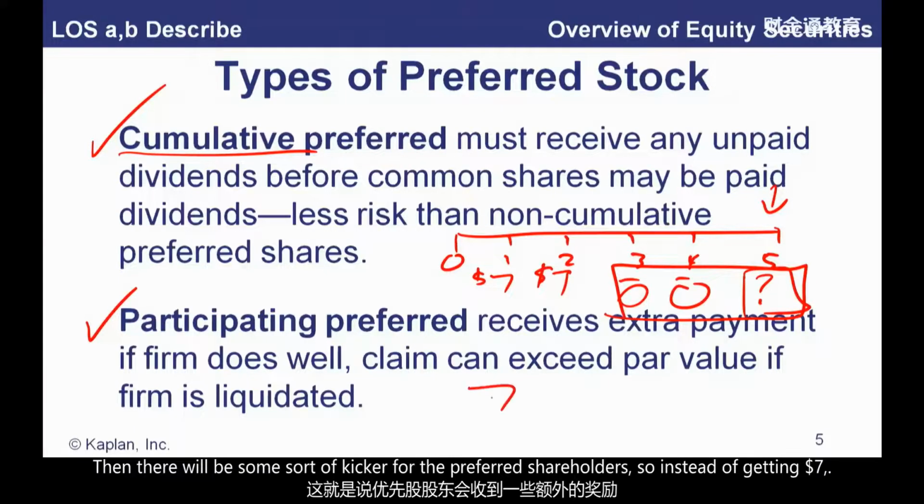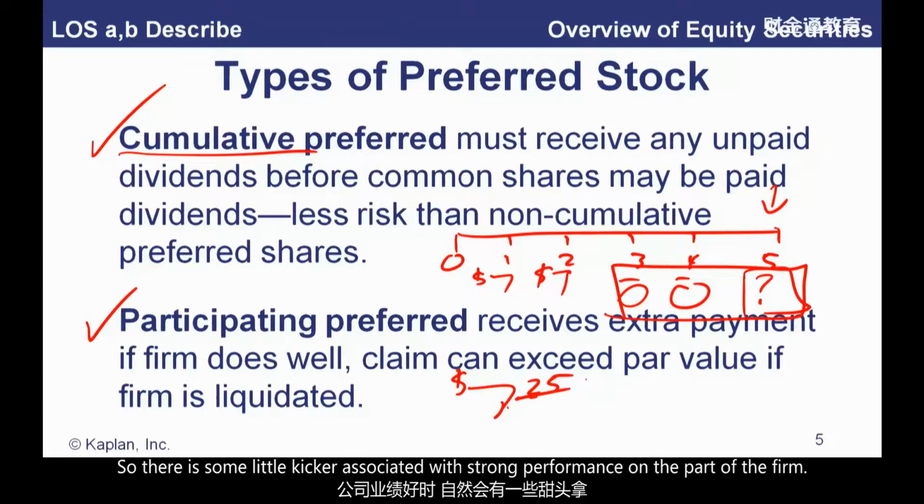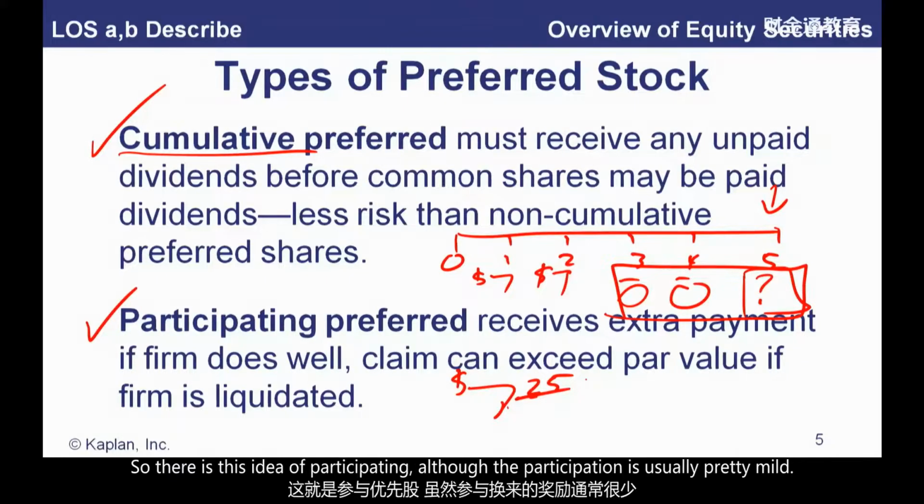So instead of getting $7, maybe they'll get $7.25 if the firm does really well. So there's some little kicker associated with strong performance on the part of the firm. So there is this idea of participating, although the participation is usually pretty mild.